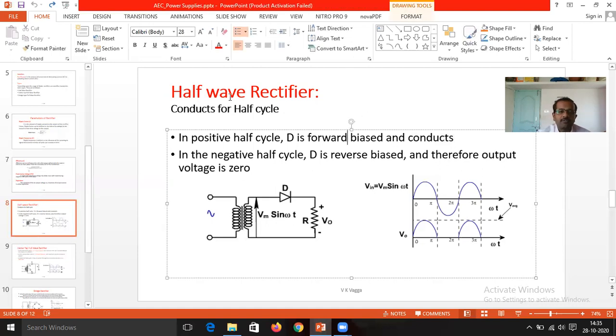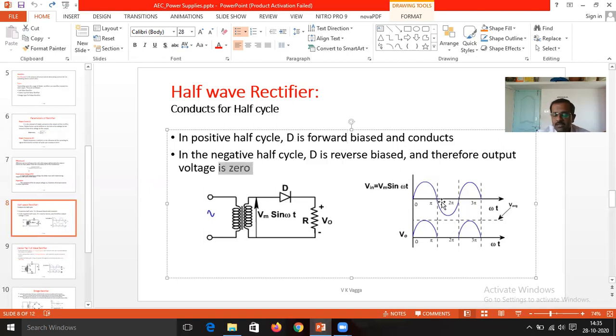So the half wave rectifier conducts only for the half cycle. Under the positive half cycle, the diode is forward biased, and the output voltage is equal to the input voltage. Under the negative half cycle, the diode is reverse biased and acts as an open circuit, and the output voltage is equal to zero.